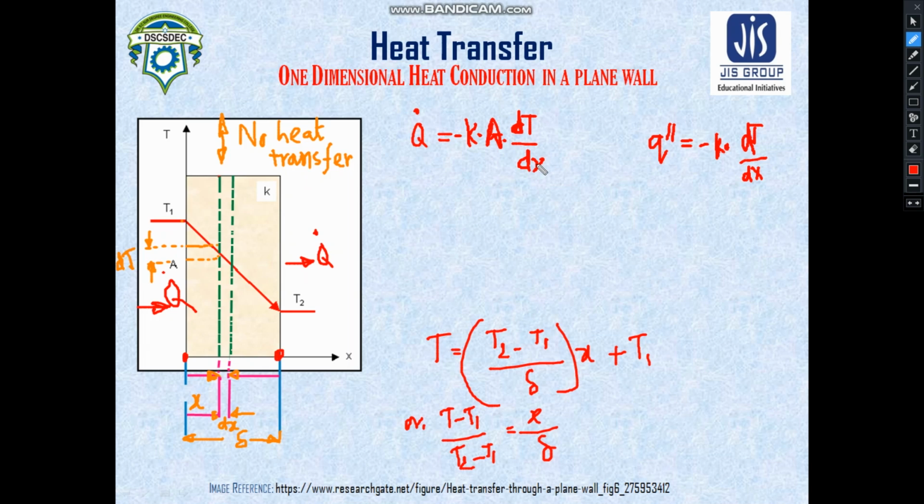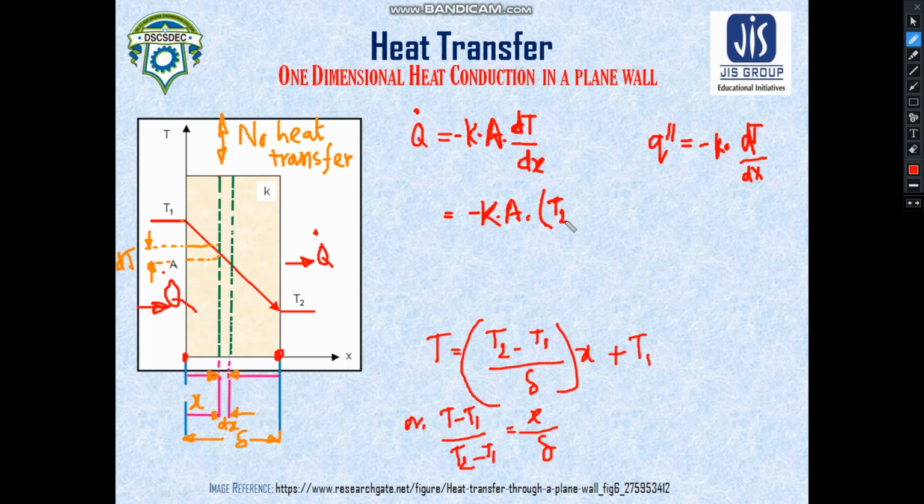Now this is very simple. If you perform the derivative of this temperature distribution model, which we have just now derived, we will find that if we derive this dT dx, then we'll get this function only.